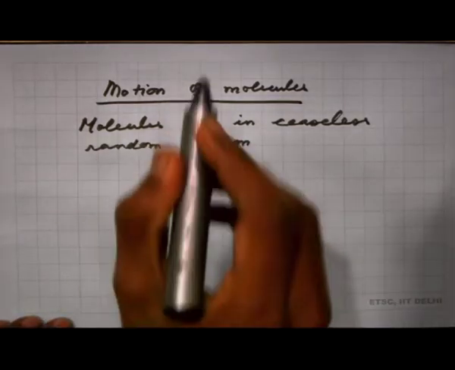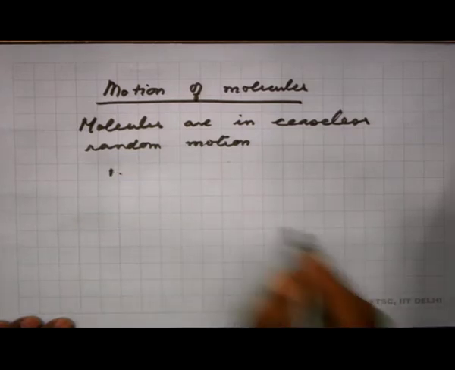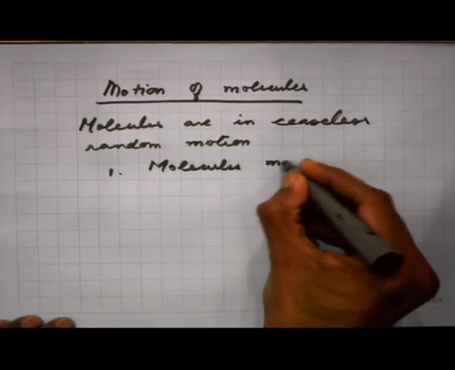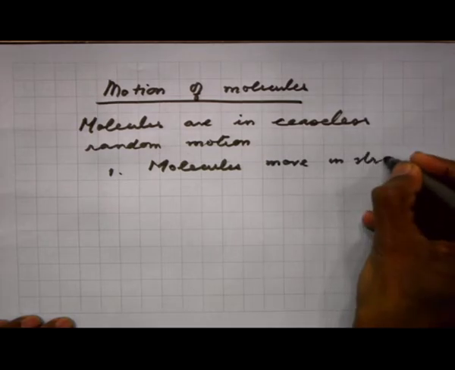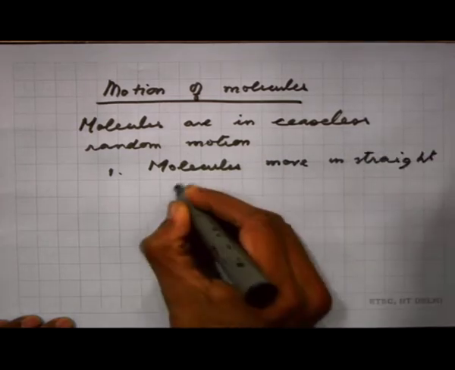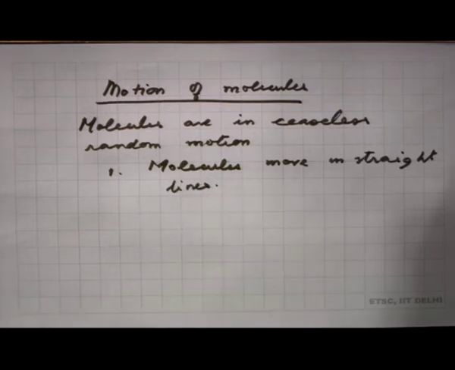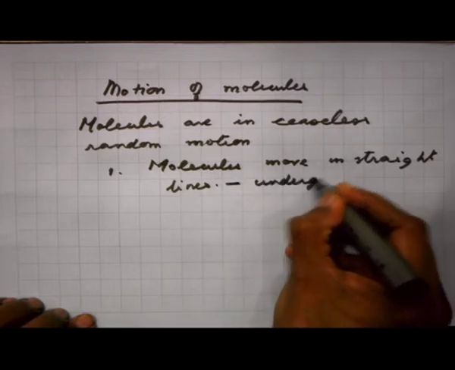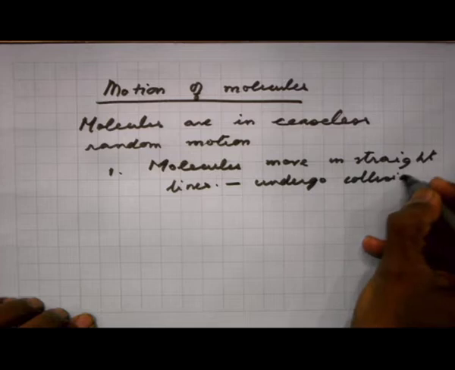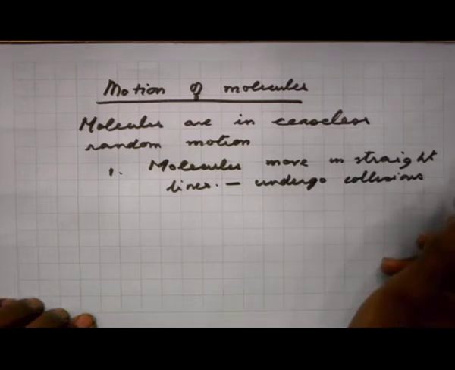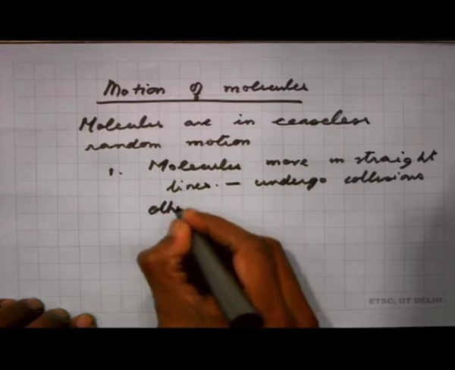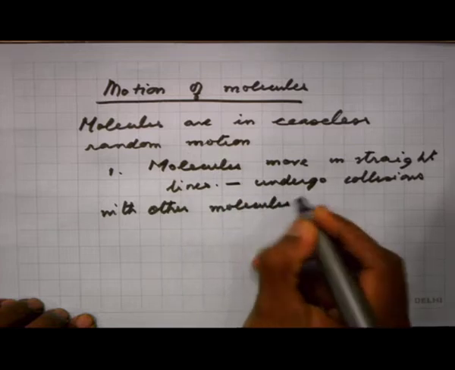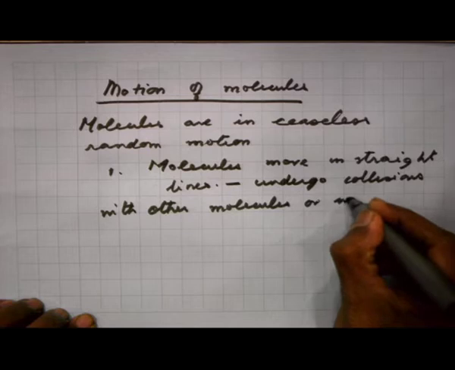The first part of this is that the molecules move in straight lines, and they move in straight lines until they undergo collisions with other molecules or with the walls of the container.